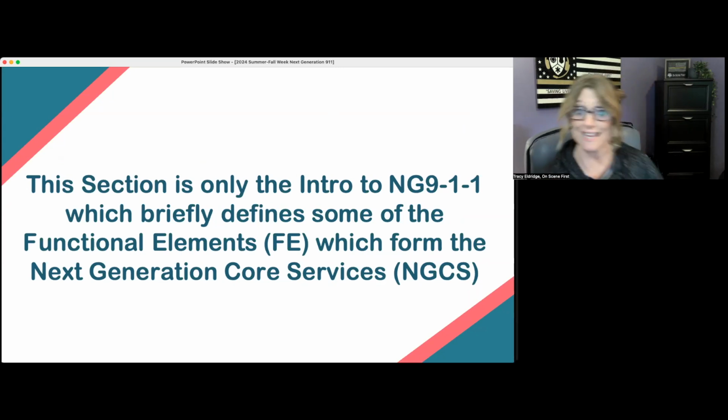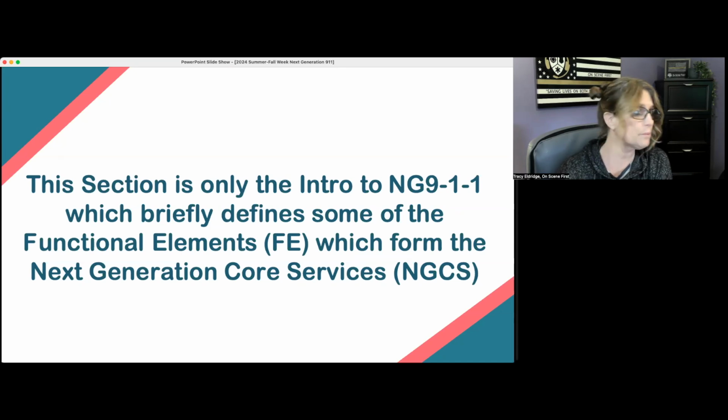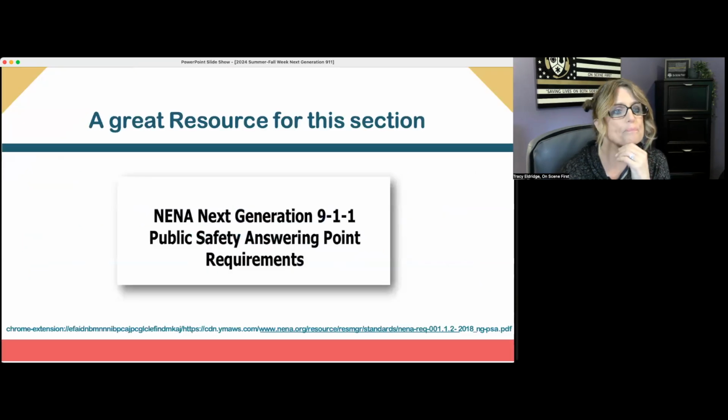But there are some folks that take this stuff very seriously. I've been in some meetings where people just lose their minds if things aren't being done the way that they should, or how the NENA standards are requesting them to be, etc. People get crazy. But just know that this section is a snippet. It is just a piece.